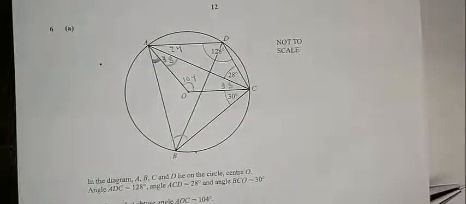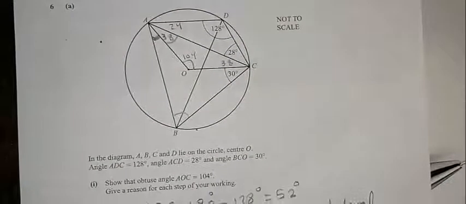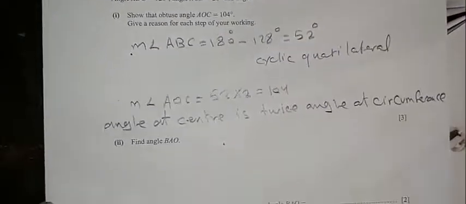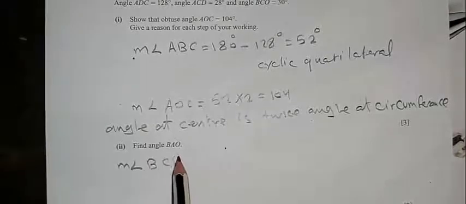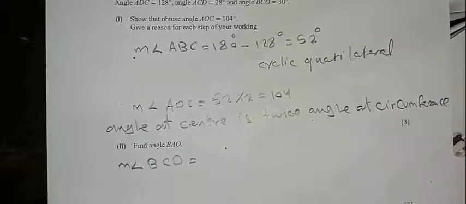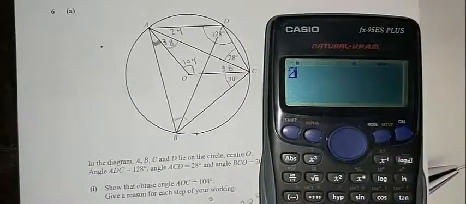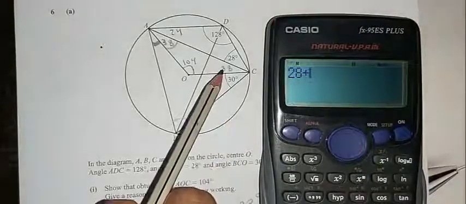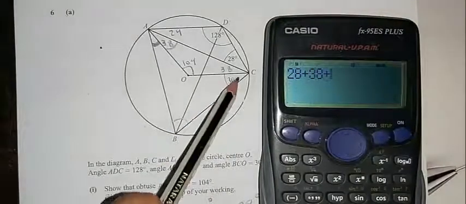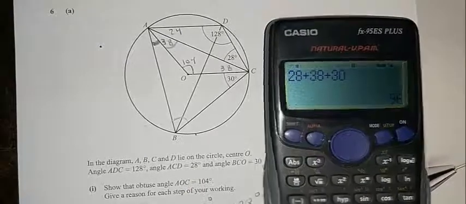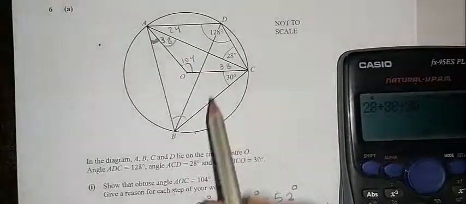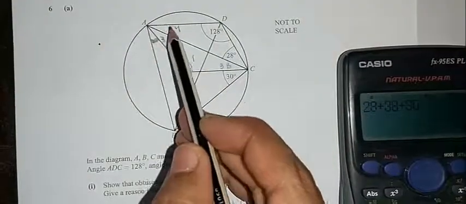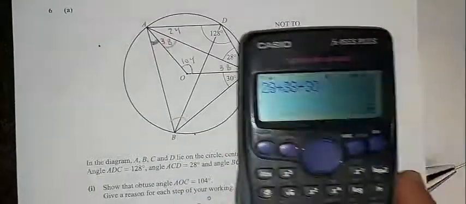The measure of angle BCD, this angle at circumference, equals 28 plus 38 plus 30, which is 96. So the big angle here, angle BAD, is equal to 180 minus this 96.